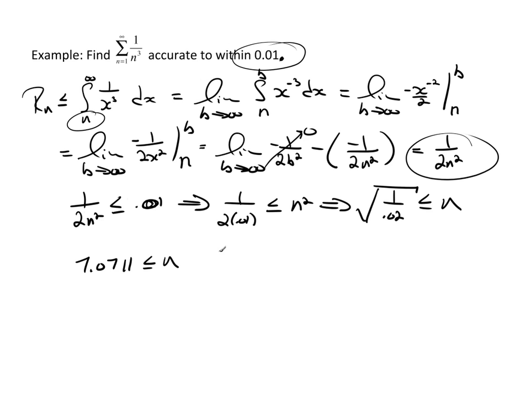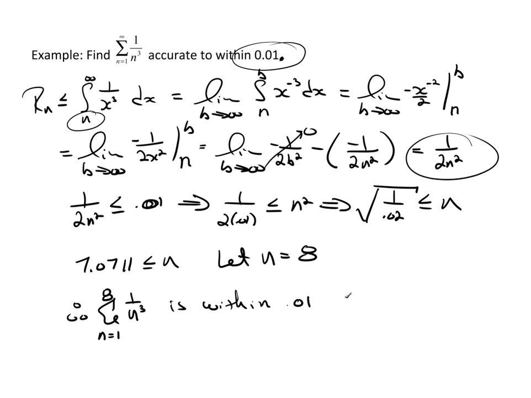So I would say let n equal 8. Therefore, the sum from n equals 1 to 8 of 1 over n cubed, whatever that is, is within 0.01 of the sum from n equals 1 to infinity of 1 over n cubed.